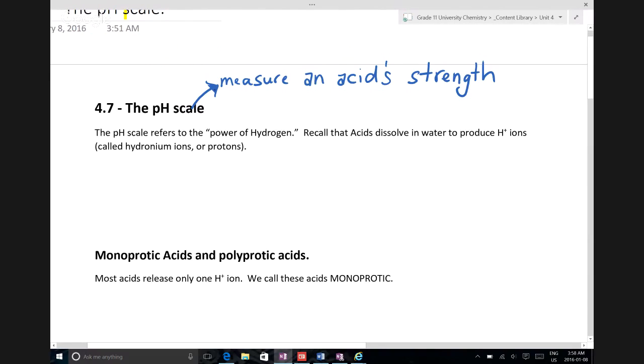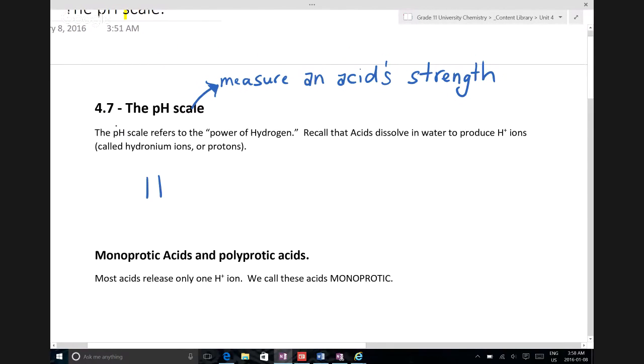And we're going to start by recalling that acids dissolve in water to produce H+ ions, which I'll sometimes call hydronium ions, or I may call a proton, because in the end, that's all an H+ ion is. Hydrogen just has one proton and one electron. So if it's lost its electron, all that remains is the proton. So an H+ ion is just a proton.